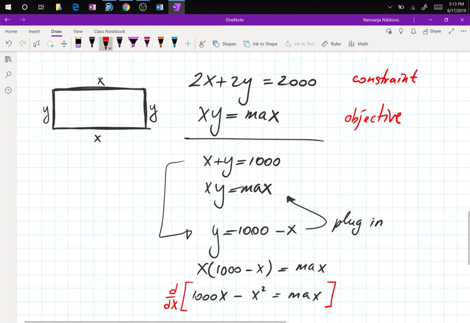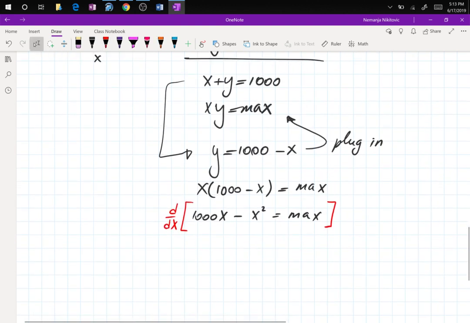What would you say is the difference between how you define an objective equation and the constraint equation? Objective equation is the one that has a min or a max in it. Because that's what you're looking for, right? You are looking to maximize the area. You're looking for maximum area in this case. So the objective equation has to contain that max.